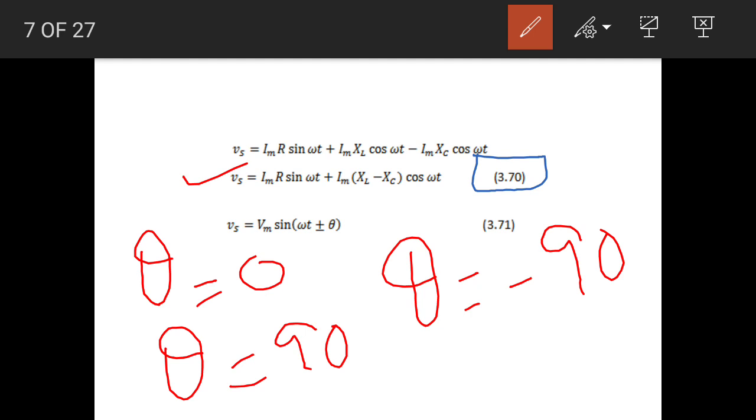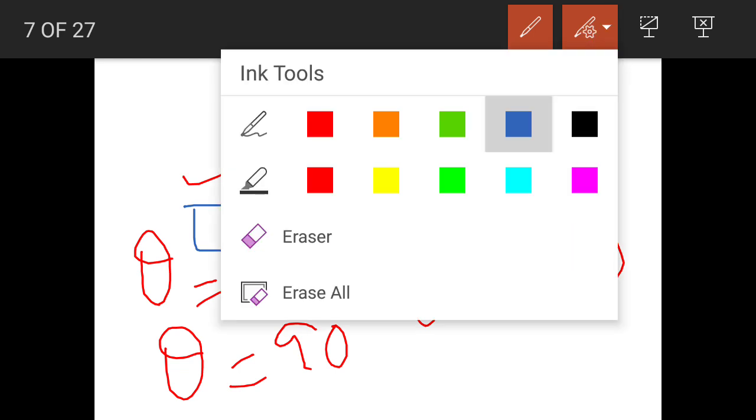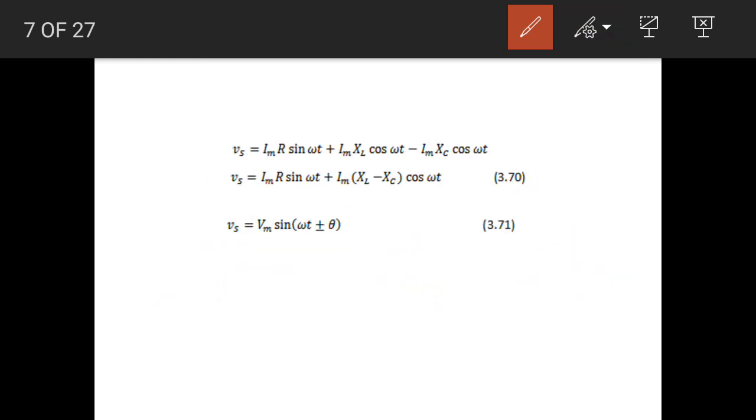So what we do, we consider the general equation for the voltage across the source. This is an AC voltage, so this AC voltage will be equal to Vm sine omega t plus minus theta. I will explain this plus minus sign with this angle. There will be three different natures of this series combination.